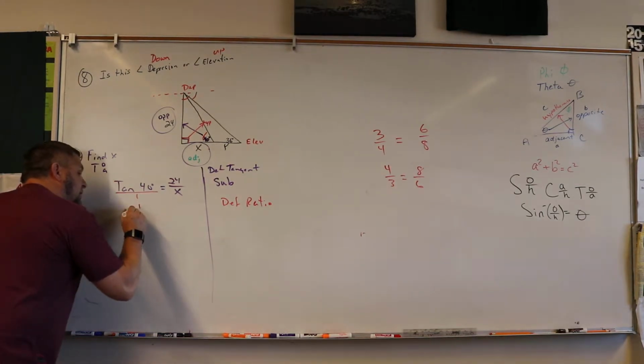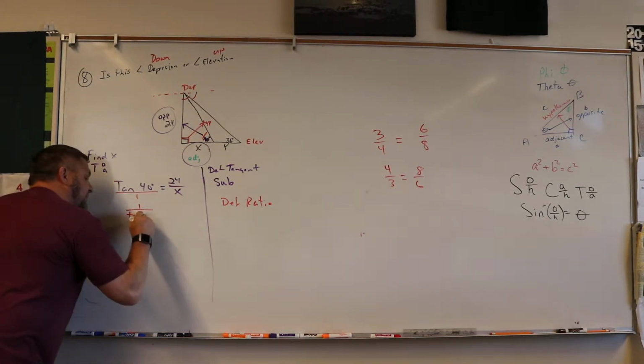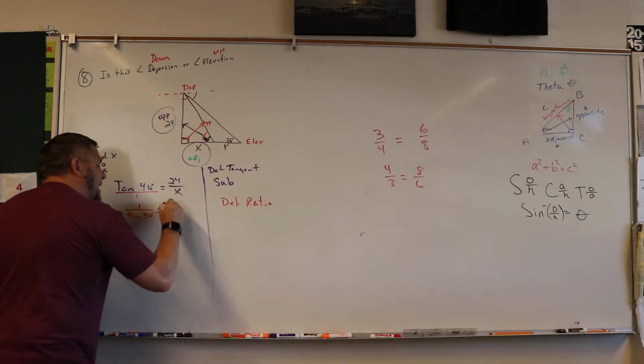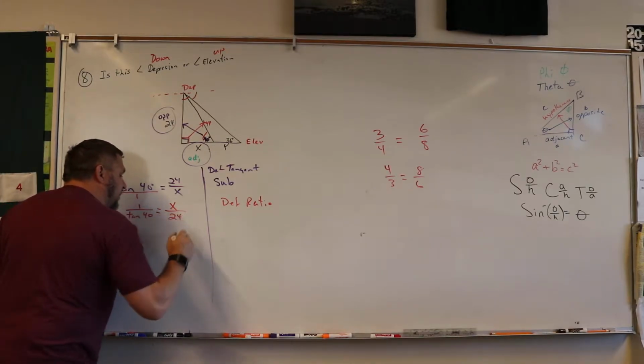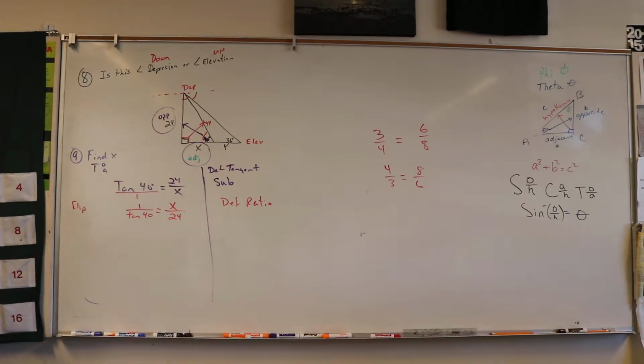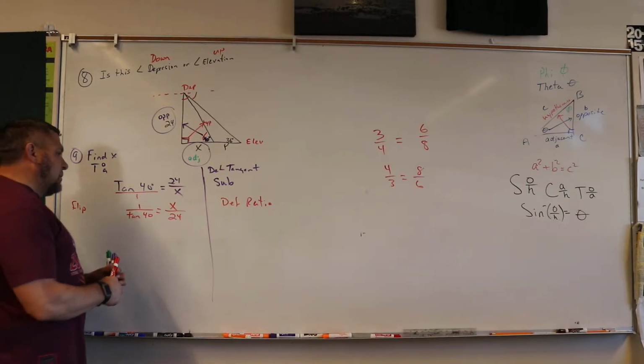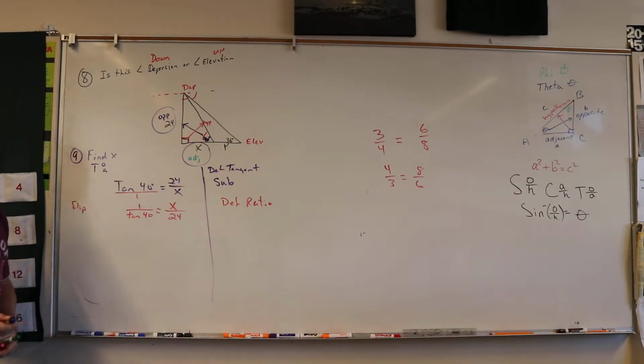So I have 1 over tangent 40 is equal to x over 24. Now, why would I want x on top? Why do I want the variable on top? What would you do to solve? We would do the opposite.